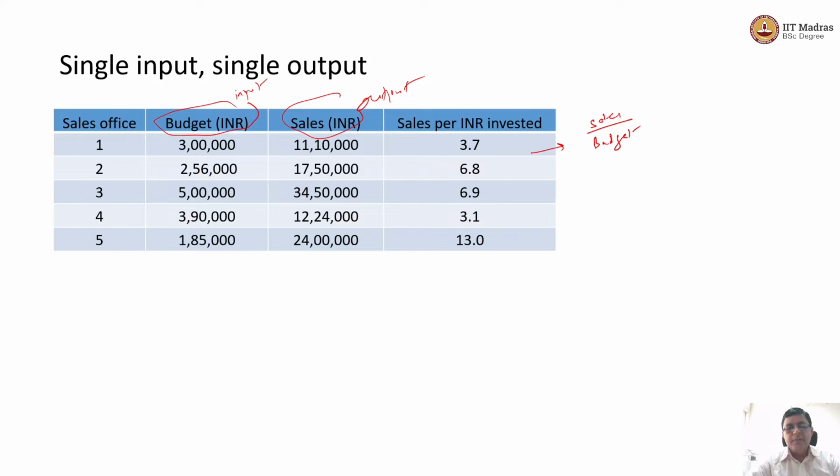As we said earlier, the highest ratio is called the most efficient economic unit, and therefore in these calculations we would conclude that sales office 5 is the best performing sales office, because the sales per rupee invested is 13, which is highest in the sample.